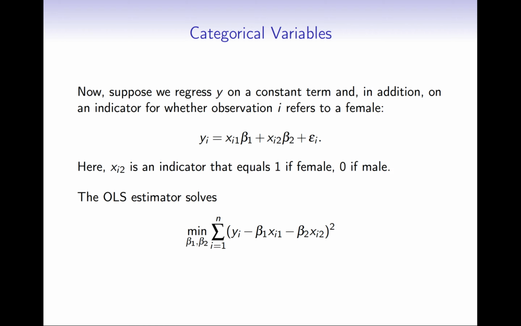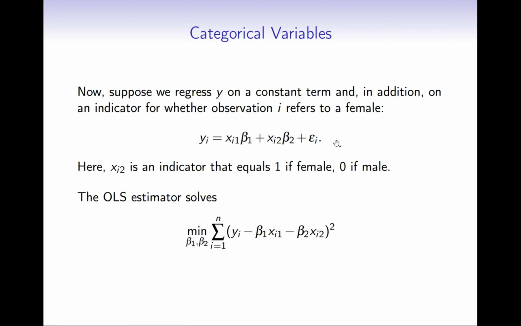Let's consider a little bit of a richer model where we now introduce some categorical variables. We're going to have two regressors. The first regressor is just a constant term, and the second regressor is an indicator that equals 1 if person i is female.